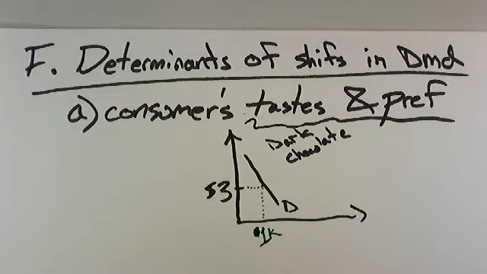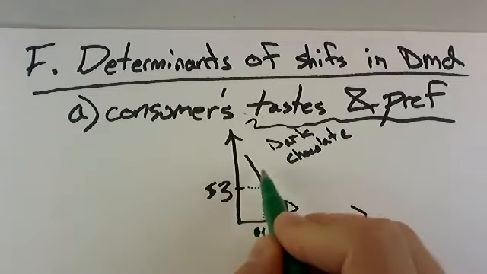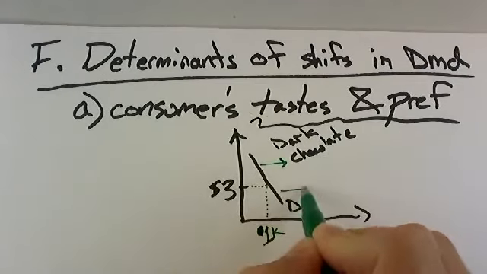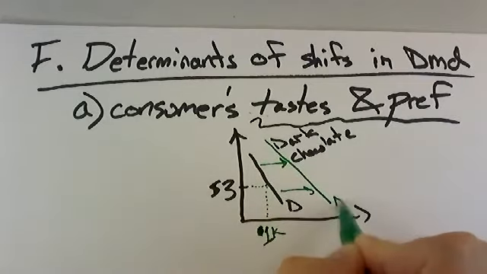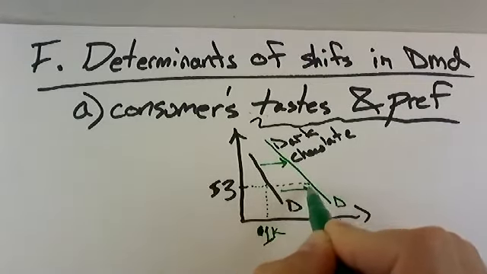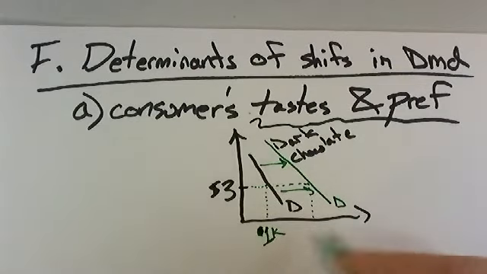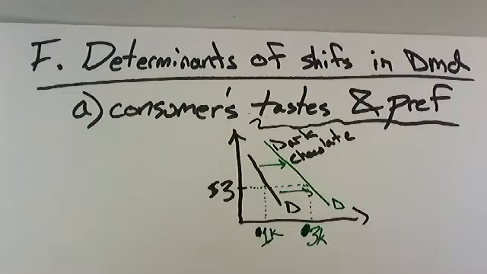So what's going to happen if all of a sudden there's some study that's widely publicized, or maybe there's some commercials that highlight the study, highlight this perception that dark chocolate is good for you? As a result of that, there's going to be a shift outwards in my demand curve. And at that same price of $3, now we're going to have 3,000 quantity demanded.